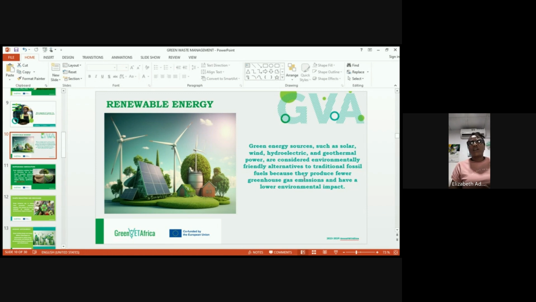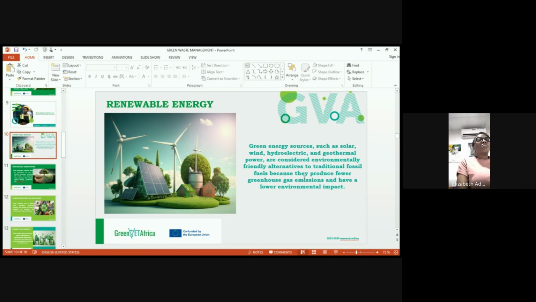You now have solar panels being installed for electricity, and people are looking for alternative sources to regular hydroelectric power.